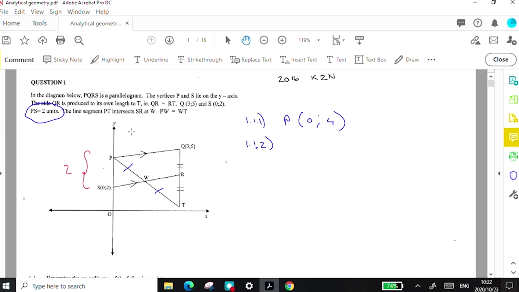So for Q, we have the x value which is 3 units. So we're just looking for the y value. Now to find the y value, we know that PS is equal to 2 units. Again, since this is a parallelogram, QR should also be 2 units. If QR is 2 units, then the y value of R is the y value of Q minus 2.